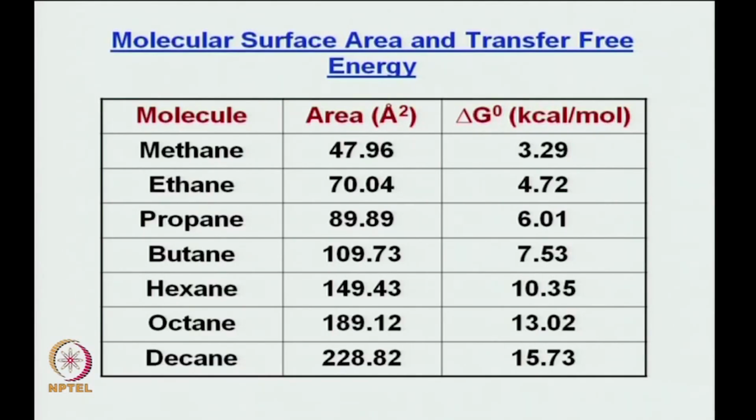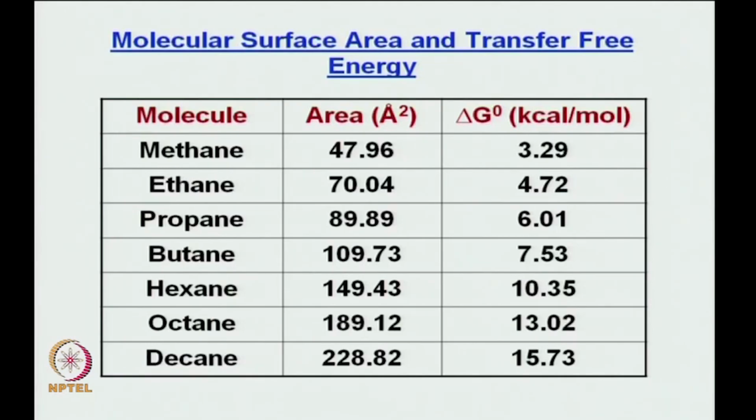I have intentionally omitted some other alkanes in between, just so that it fit here, but I guess it drives home the point. And you look at delta G 0, remember delta G 0 is a transfer free energy, and obviously the more is the surface area, the more will be the transfer free energy. Simple, because there will be more interaction, either favorable or unfavorable, does not matter what it is, but there will be more surface area.